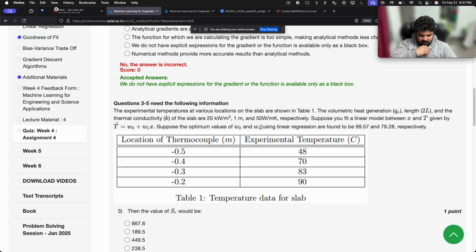So, okay. Let me compute y hat for the order. Y hat is equal to W0 plus W1 x, where W0 is 99.57 plus W1 is 79.28 dot x.